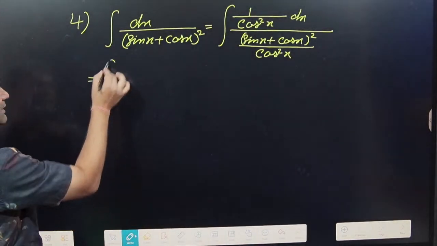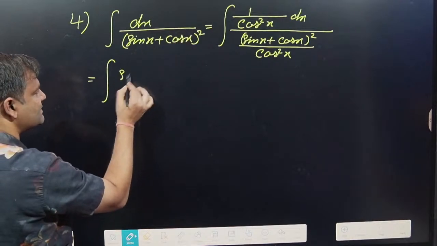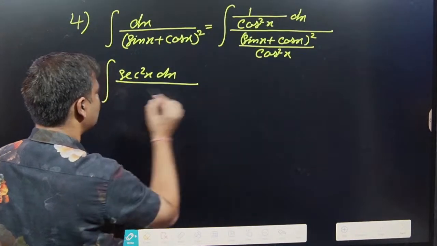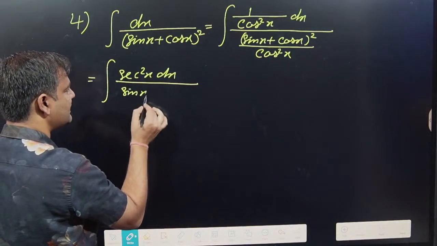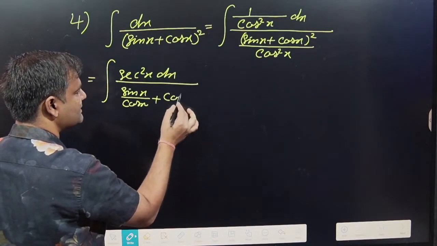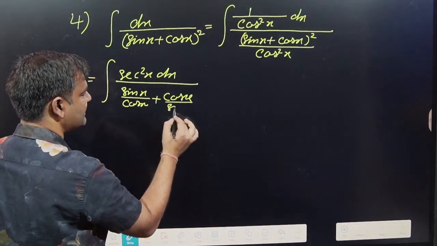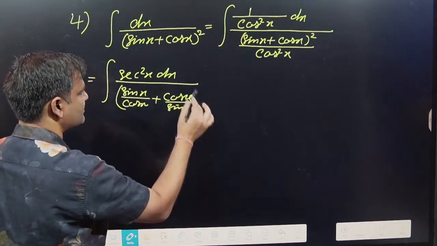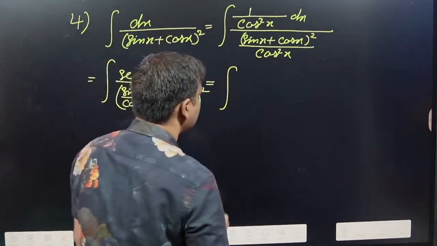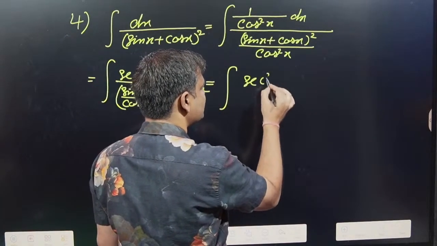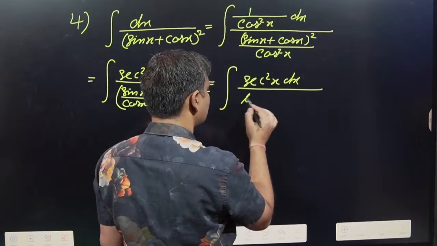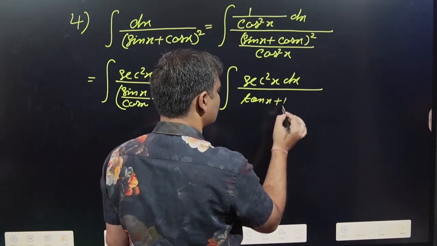After that, look here, the numerator becomes sec square x dx, and the denominator becomes (sin x upon cos x plus cos x upon cos x) to the whole square. After that, this is sec square x dx divided by (tan x plus 1) to the whole square.